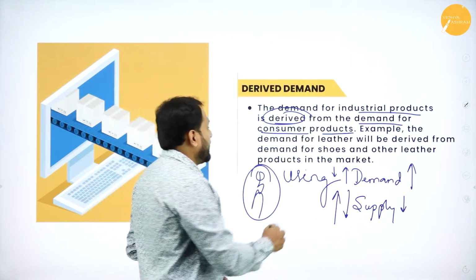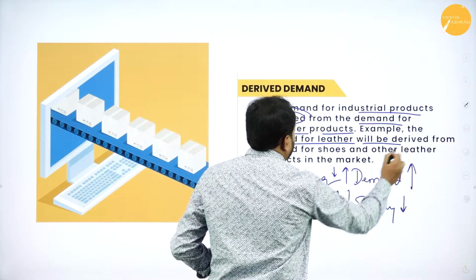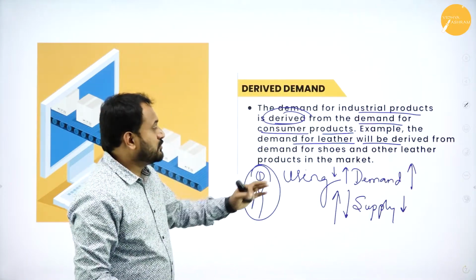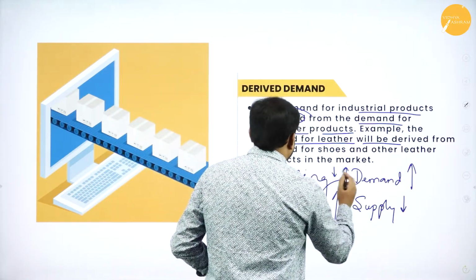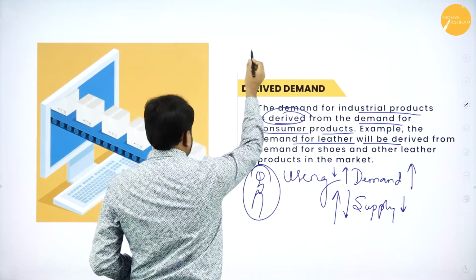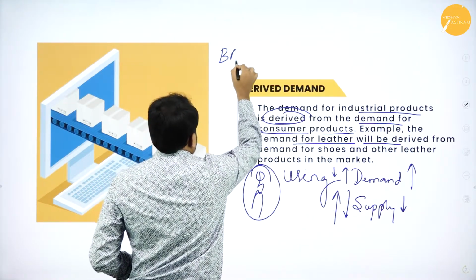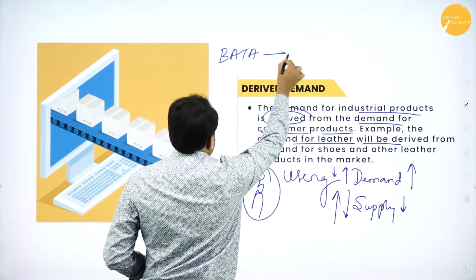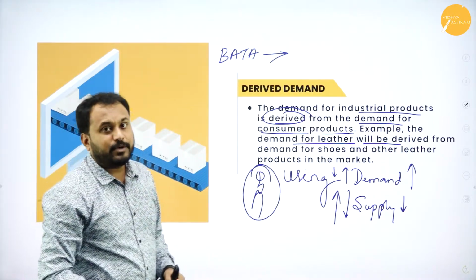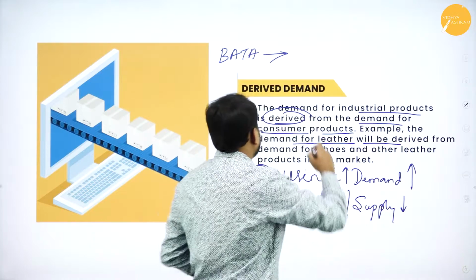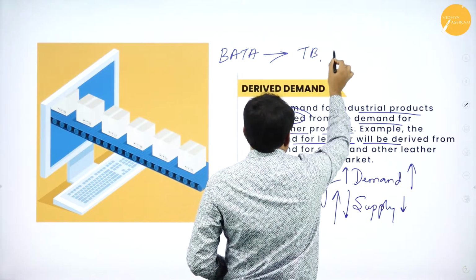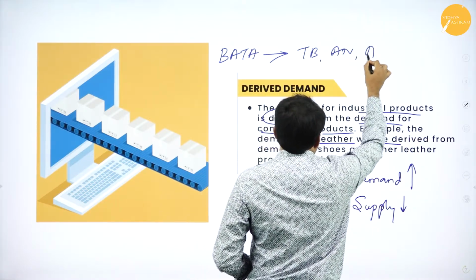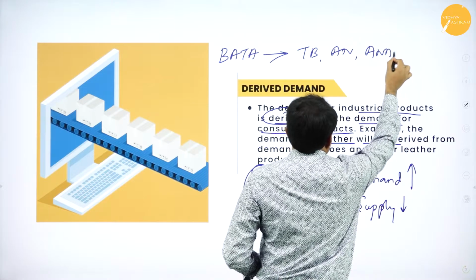For example, demand for leather will be derived from the demand for shoes and other leather products in the market. You all know a company called Bata, right? Bata is a company which was started by Thomas Bata, Antonio Bata and Anna Bata.